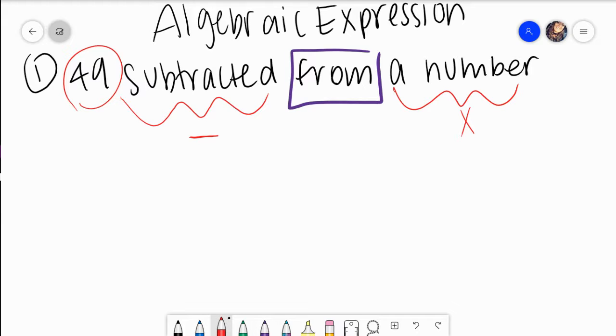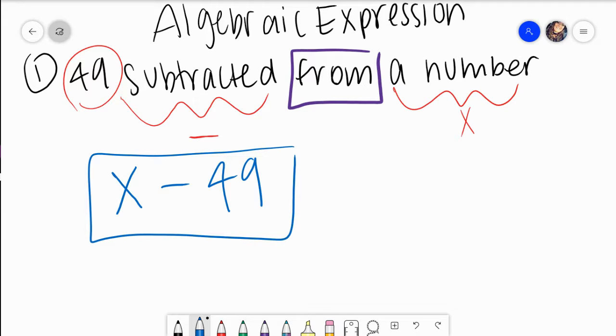We're going to start with our number, right? I know I have a number, and then the sentence is telling me that 49 is being subtracted from it. If it was to say a number minus 49, that would make more sense, right? Because that's how we read it, but it's not going to word it that way. It's going to seem backwards whenever you read these problems.